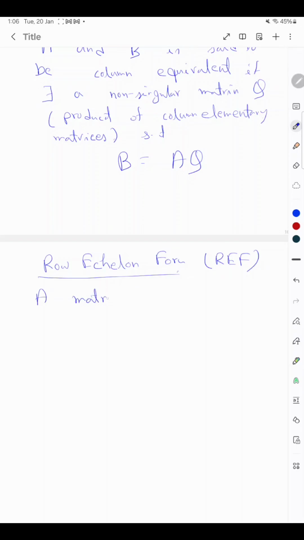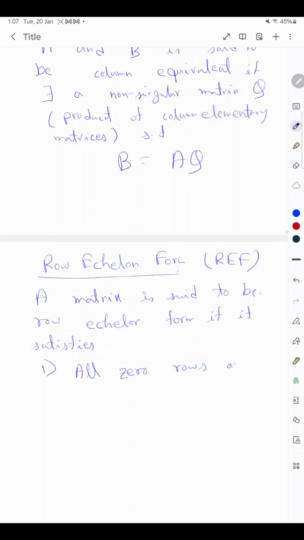Anyway, so what is the echelon form? A matrix is said to be in row echelon form if it satisfies: one, all zero rows, obviously if it has any, are at the bottom.